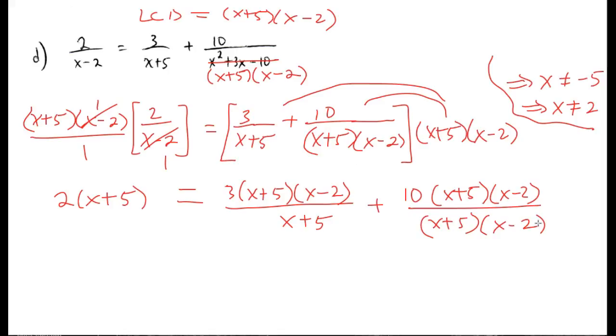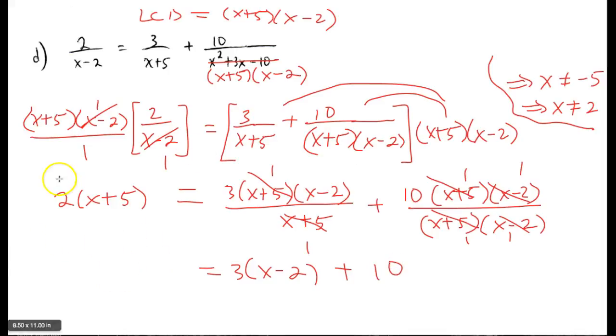Okay. Now, from here we see for the first term on the right side, we have common factors of x plus 5. So those reduce to 1. And we just have 3 times x minus 2, plus, we see that we got common factors everywhere here, and all we have left is 10.